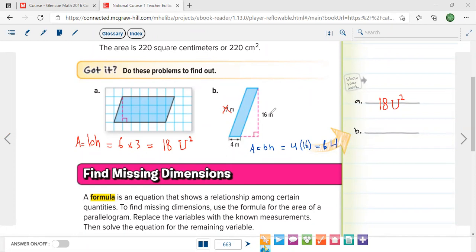The unit mentioned here is meter, so we write meter square. 64 meter square. So this is very easy for you. Just determine which one is the base and which one is the height, and then multiply them, and that's it.